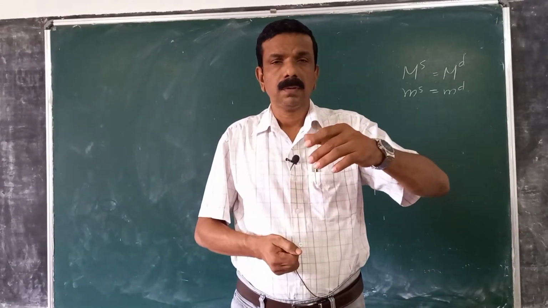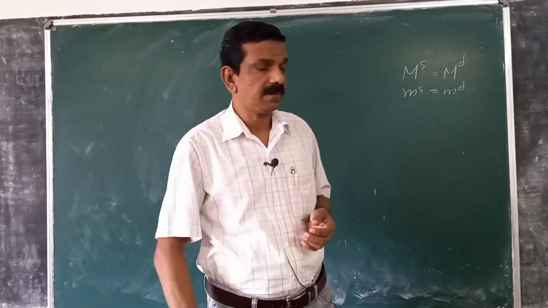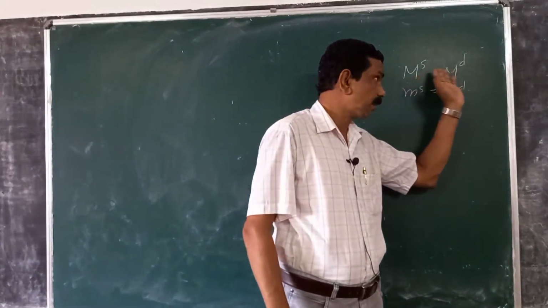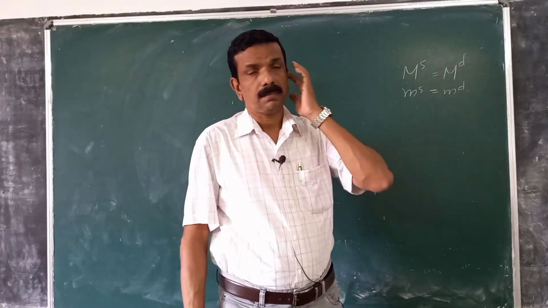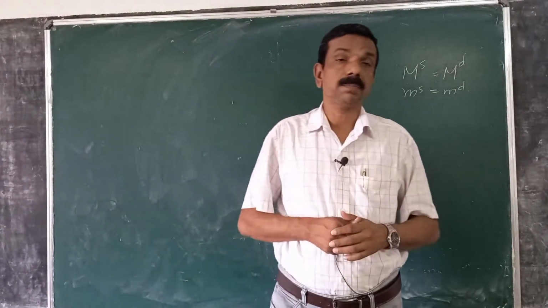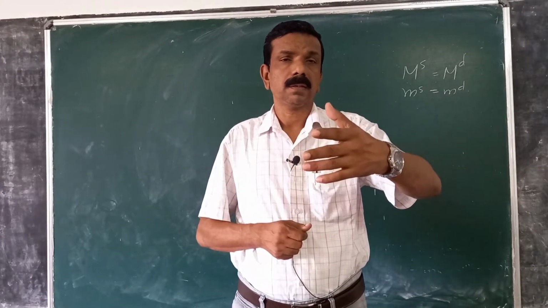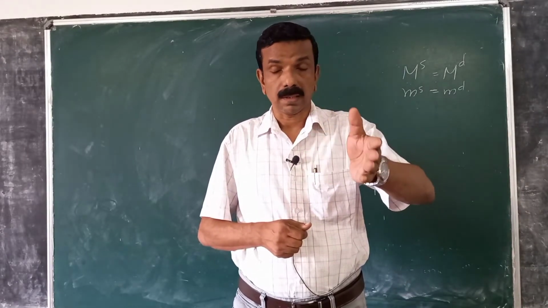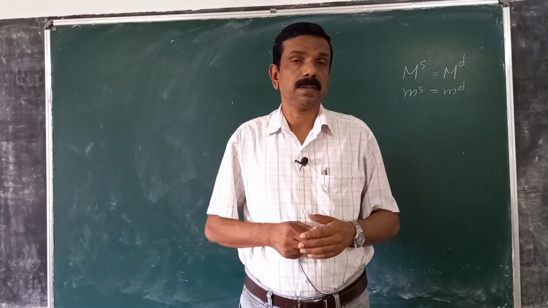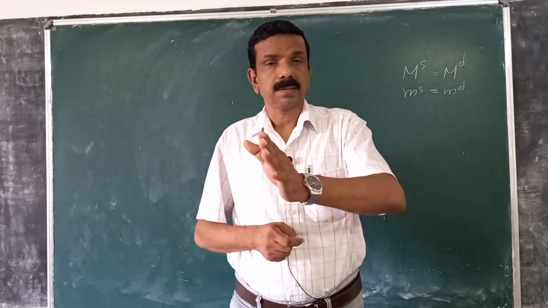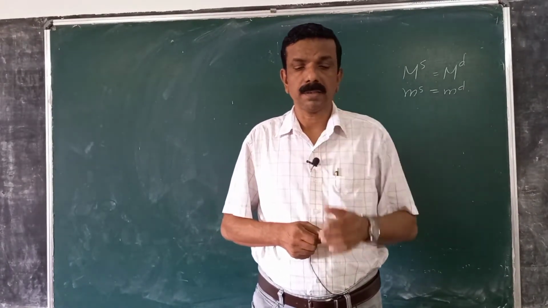Whatever is the stock of money, it should be held by someone, either in nominal terms or in real terms. And we know that money supply is equal to currency plus demand deposits, and its value is determined by the monetary base, currency plus reserves, and also the value of the money multiplier.